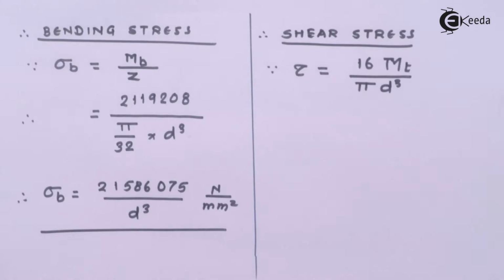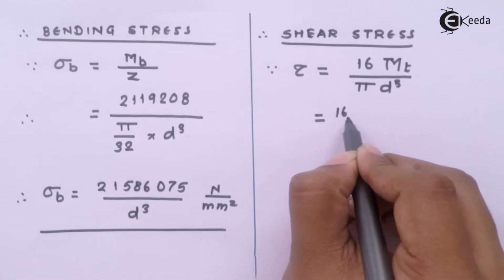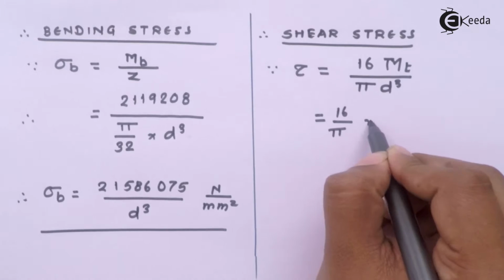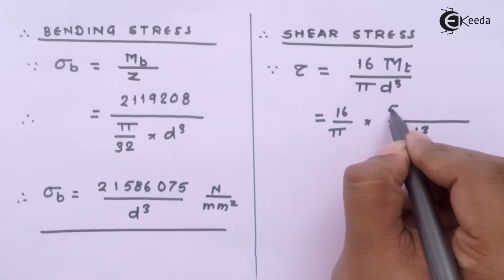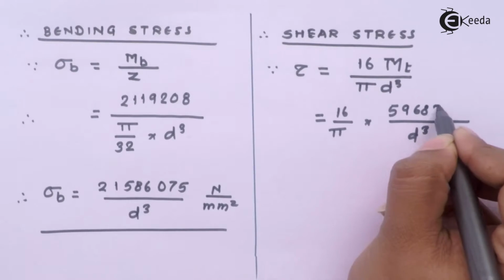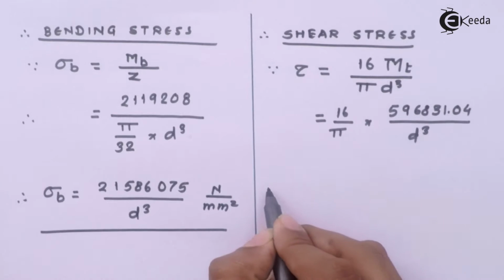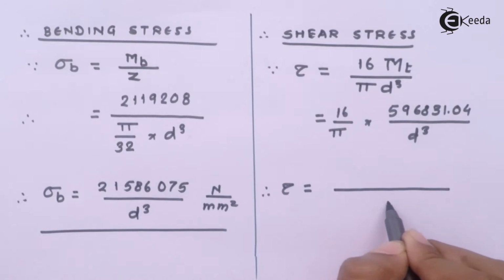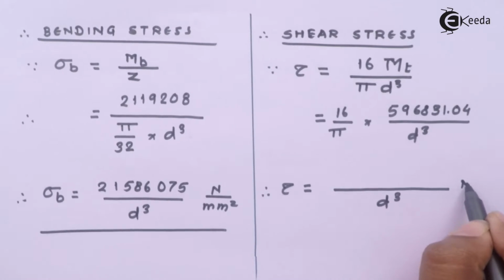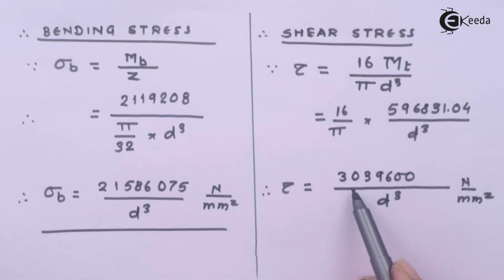Let's move ahead for the shear stress calculation. Shear stress induced will be given by this formula, where MT value comes out to be, if we solve this expression ahead, we'll get the shear stress induced is equal to, again in terms of D cube, somewhere around 3039600 Newton per millimeter square.